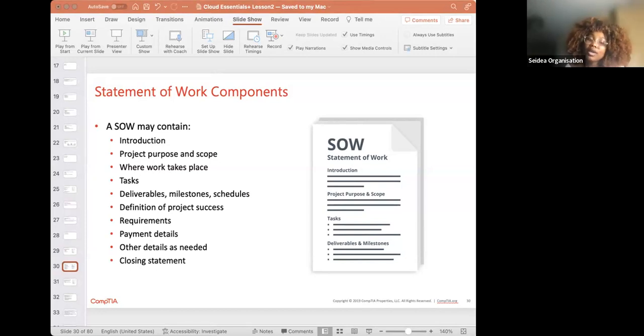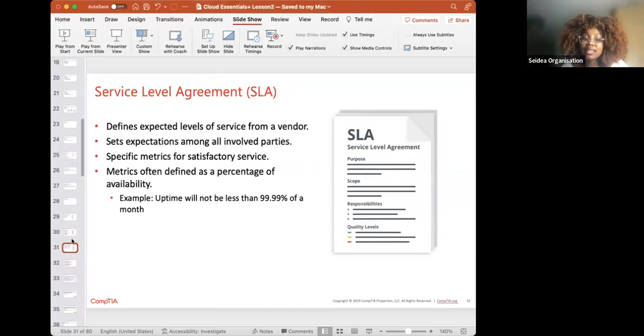Requirements deal with the necessary tools, resources, or conditions that are needed. Payment details cover information regarding compensation, such as amounts, methods, and schedule of payment. And then finally, you have your closing statement, which is your formal conclusion, possibly with next steps and possibly with acknowledgements.